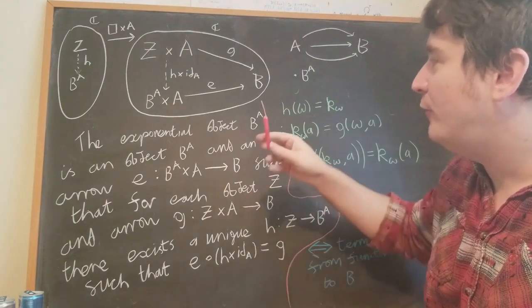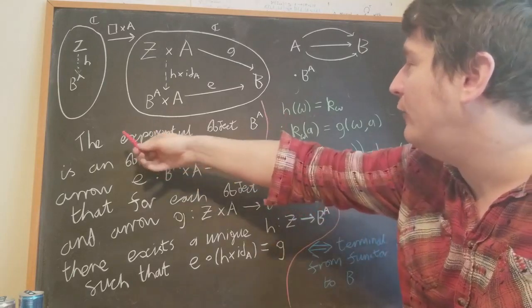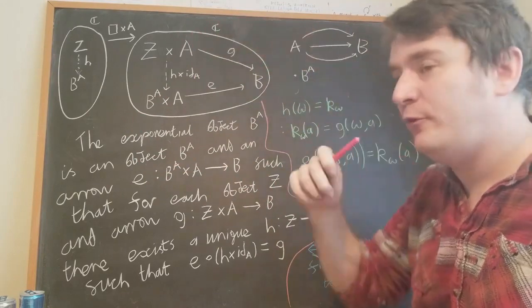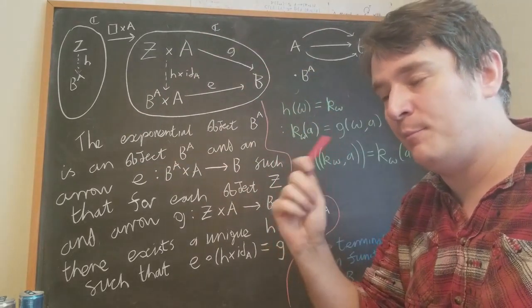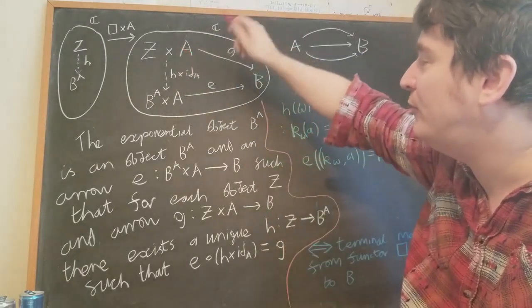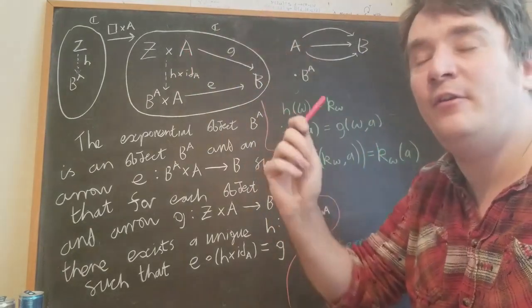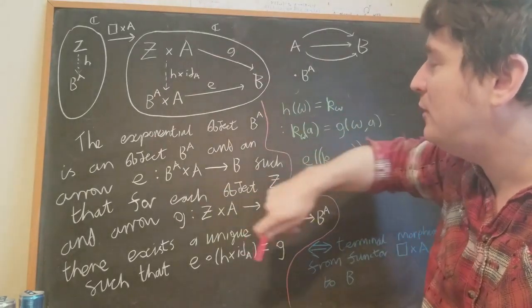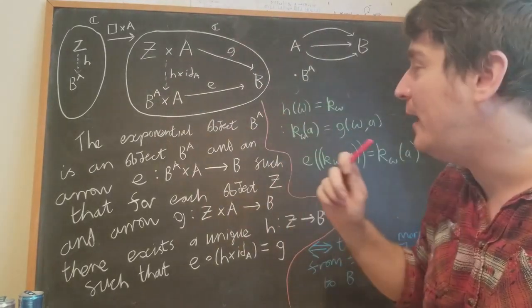So let's just go through the definition for a start. So we have a category C, and we're supposing that the product, the categorical product of each pair of objects is defined, okay? We're going to need to use the idea of categorical products in order to do this type of construction, okay?